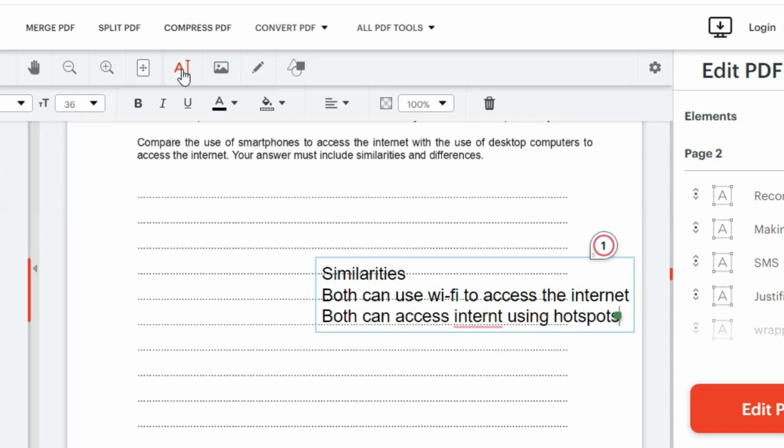Okay. So we also have, both can use Bluetooth tethering to allow access to the internet.